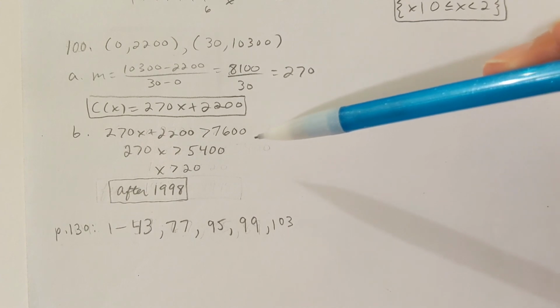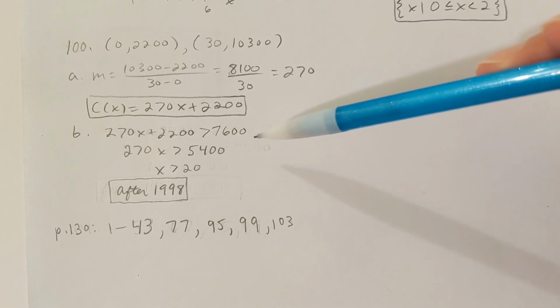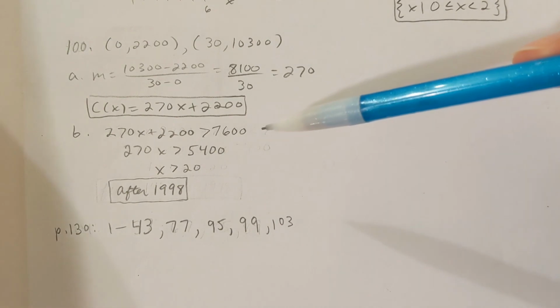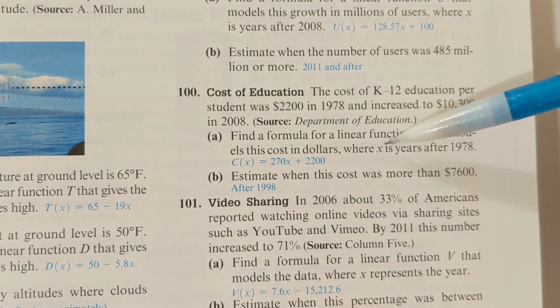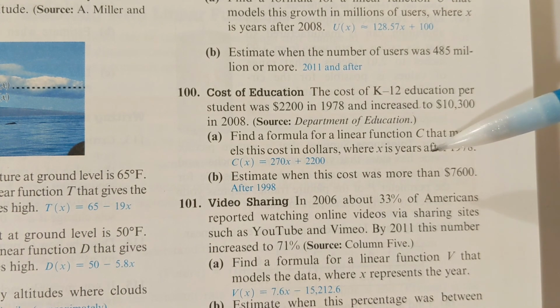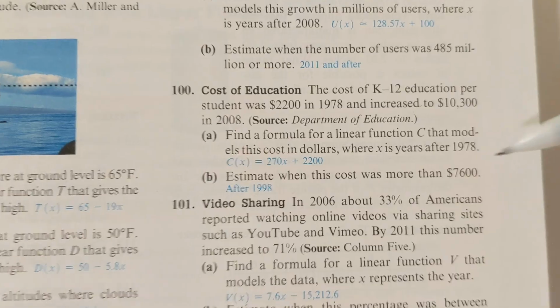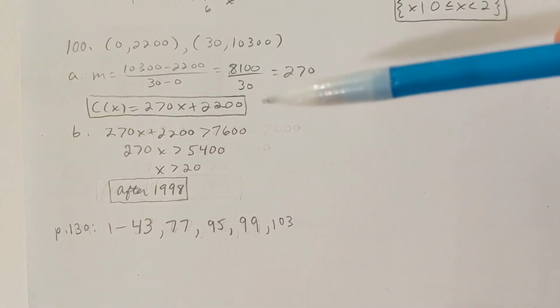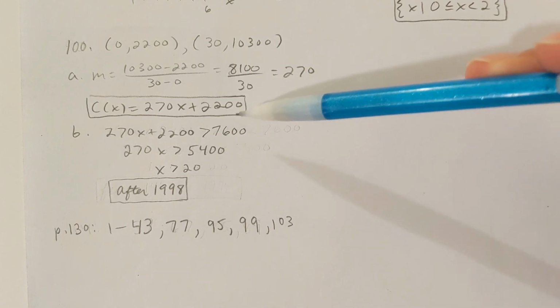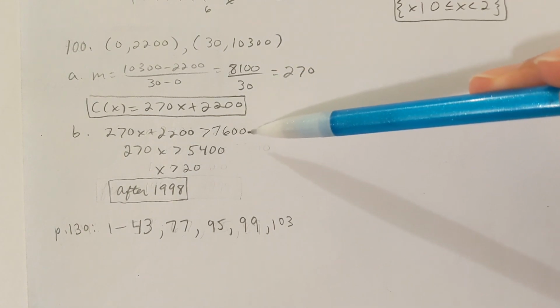Okay, and B, let's take a look at B. Estimate when the cost was more than $7,600. Well, I would set the cost function to be bigger than $7,600.